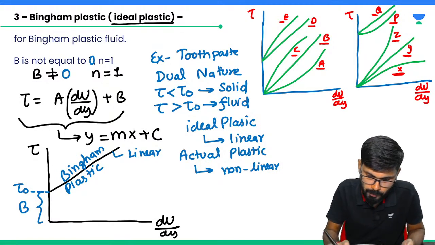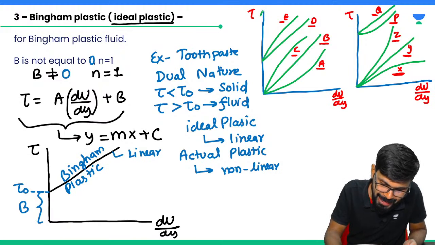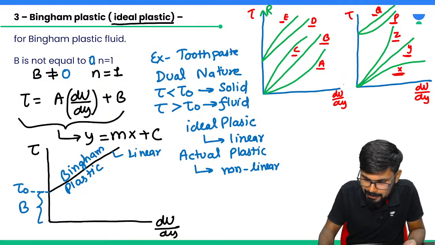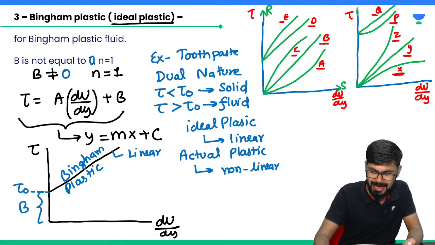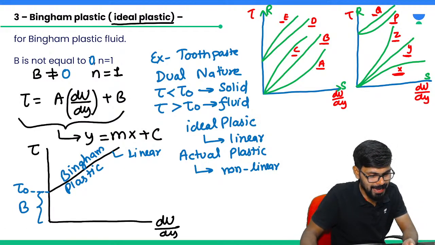Now please listen here. Now what about this axis? Let's say this axis is R, this is S. Now what is R and S?